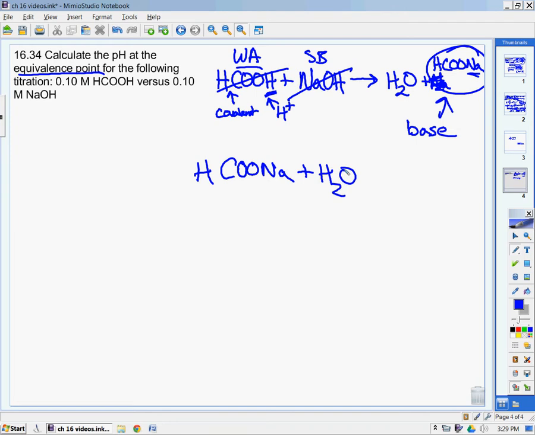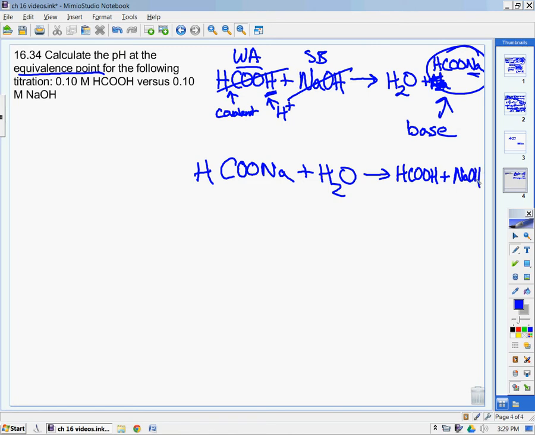And what can happen is it's a basic salt, so it can actually pull the hydrogen away from water. And when it does that, you form HCOOH plus NaOH.